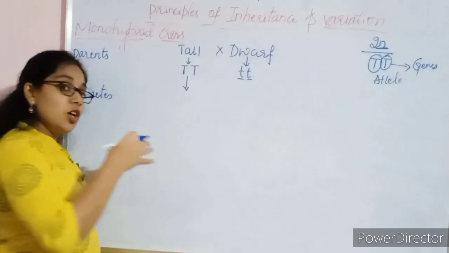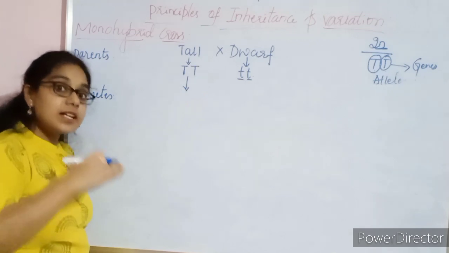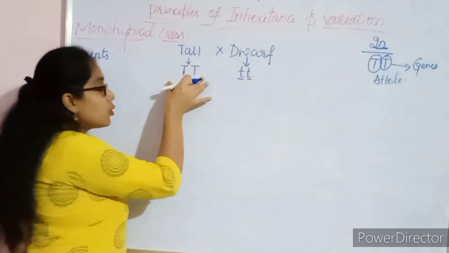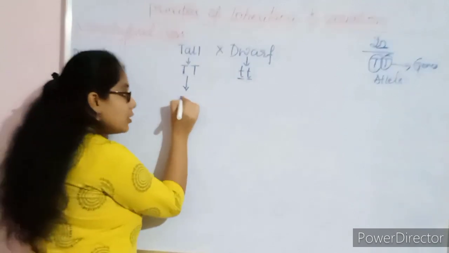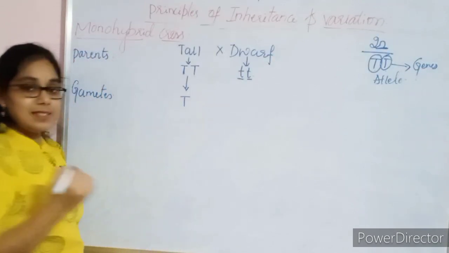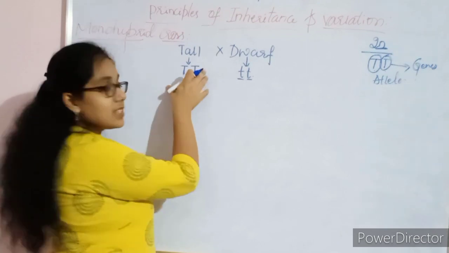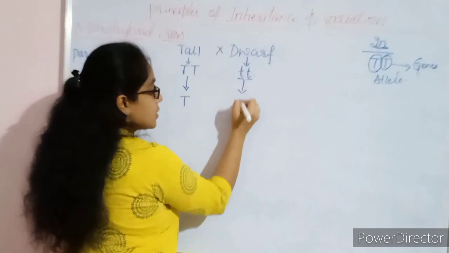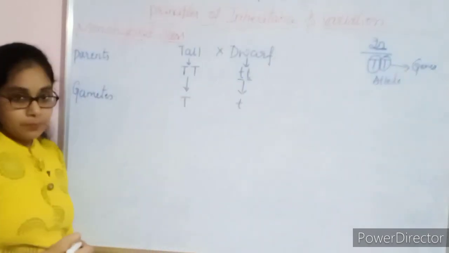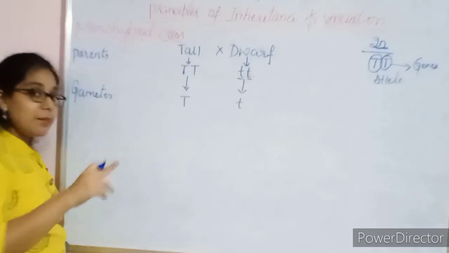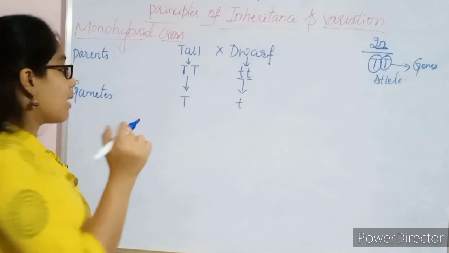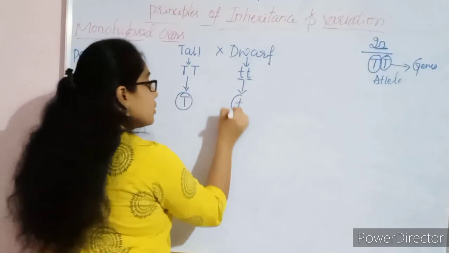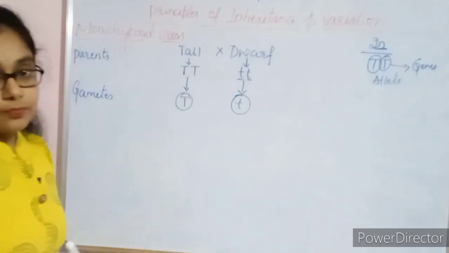When meiosis takes place, it is a reductional division. So when the 2 T's are there here, after reductional division, you'll get only a single T. That means it is a gene. Here we get small t. While writing the gametes, please make sure that you write those gametes inside the circle itself.